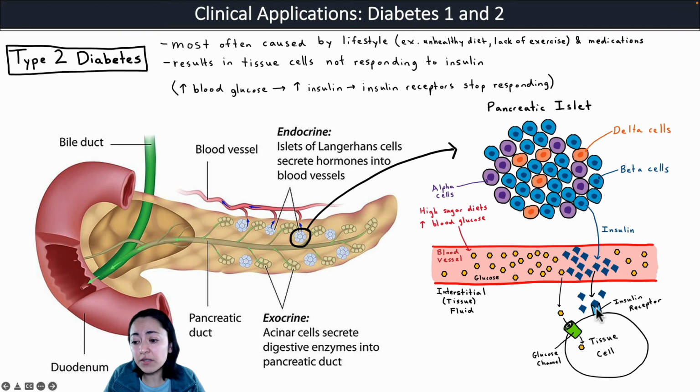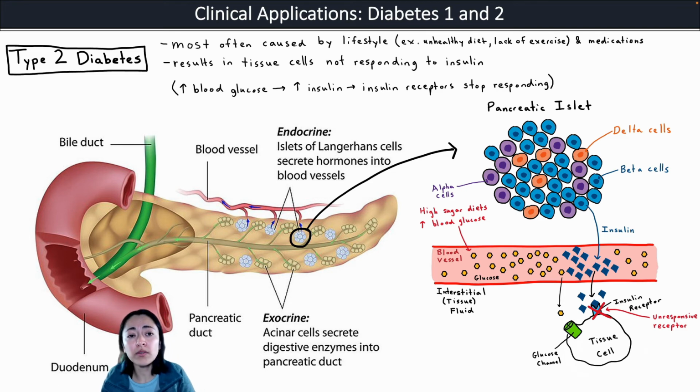So these insulin receptors pretty much just become unresponsive to insulin. They become insensitive to insulin and stop responding to it. So even though there's plenty of insulin, they're not responding to it anymore. The glucose channels are staying closed, and glucose is not going to enter the tissue cells. Because these tissue cells now cannot get glucose, the tissue cells starve.